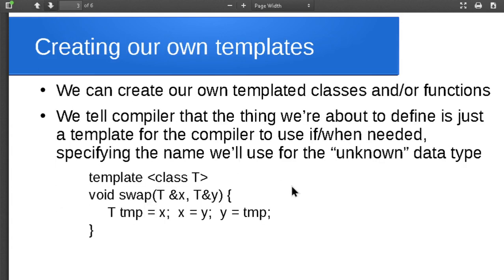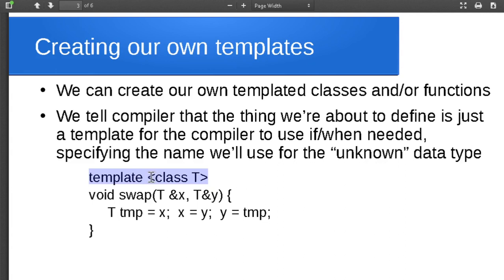For creating our own, basically we have to tell the compiler that something is a template and write this blueprint for it. And then later on there's got to be a way for the compiler to figure out when to fill in one of these templates. So the idea is to tell the compiler that the thing coming up is a template or a blueprint.